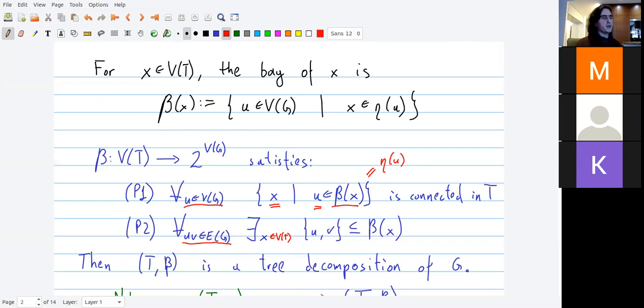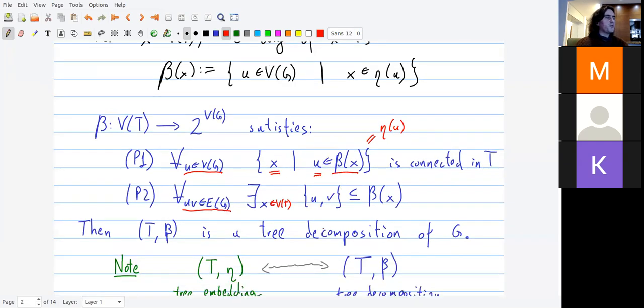So every edge must be entirely contained in one bag. And if you've got a tree T and a mapping beta that maps the nodes of the tree to subsets of vertices called the bags, then this is a tree decomposition if the tree and the mapping satisfy those two conditions.